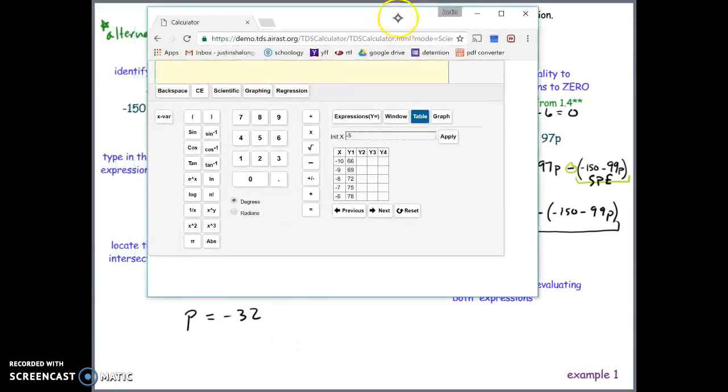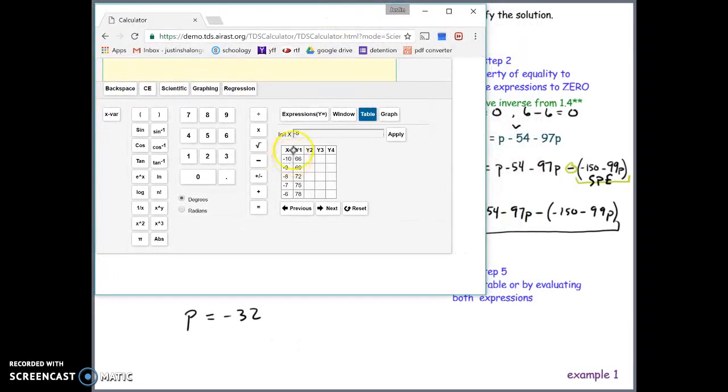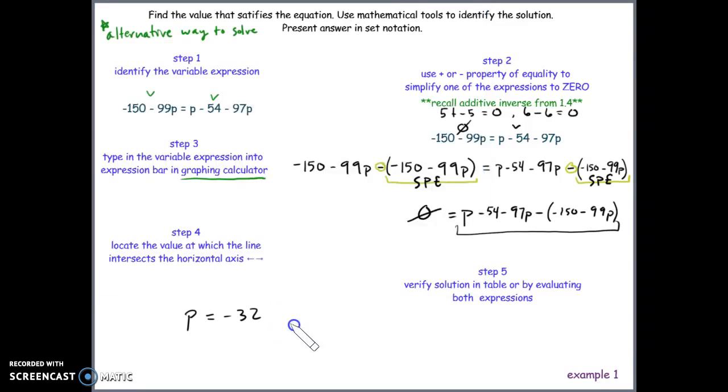So what we should see in the table, for where the x is, we're going to put in negative 32, and then the y value, or the other value, should equal 0. And then I hit apply. And so now I can see when p is negative 32, and we plug that in, we get 0 for the other value. That means that we found our solution.